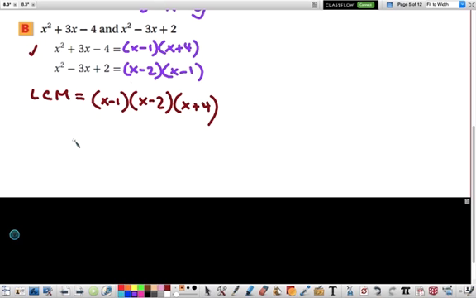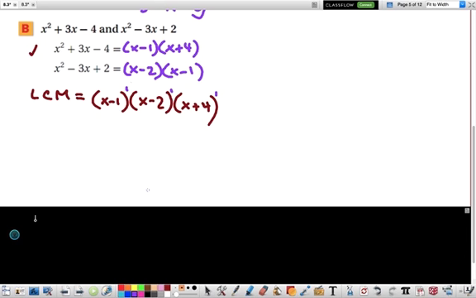No, so be careful. There's only an x minus 1 to the power of 1 and an x minus 1 to the power of 1. So what's the highest power of x minus 1? 1. So be careful. This is a mistake that people will make. The highest power is 1. This is an important example because it highlights a common mistake people will make. It says, what is the highest power of those two? Not put them together. Okay?